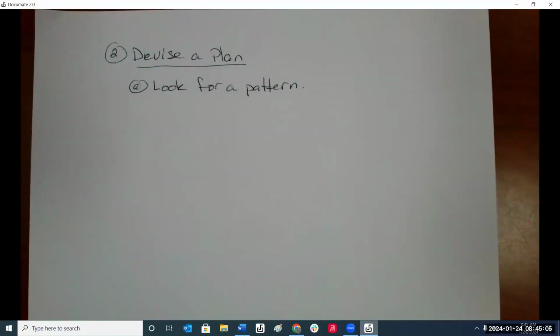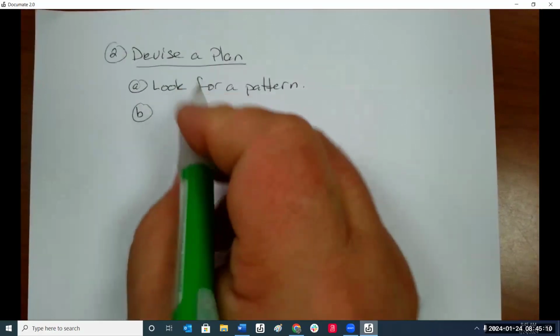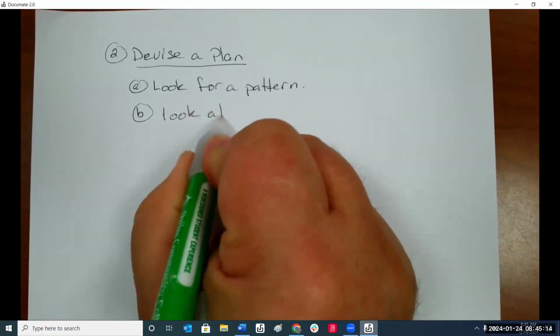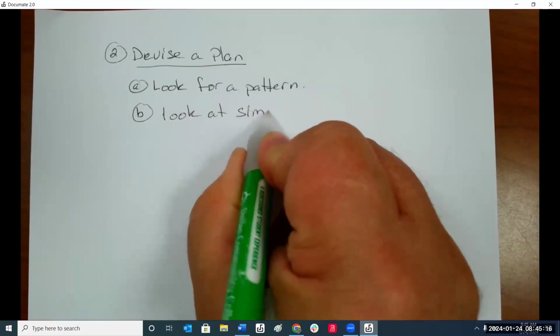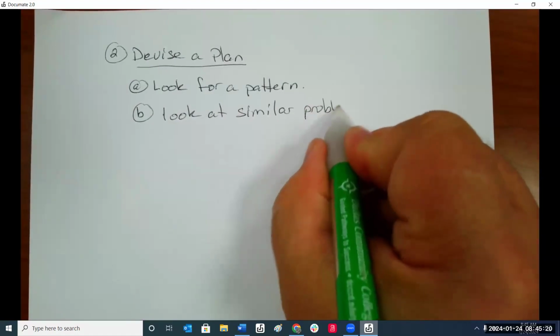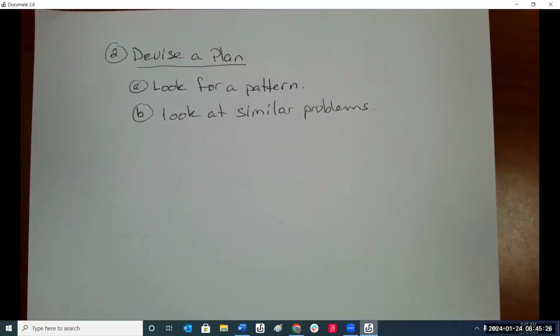Is there a pattern forming with what's given? Look at similar problems. As you said earlier, look at if you've done it before. What are the commonalities? What can I use from what I've done in the past to now?